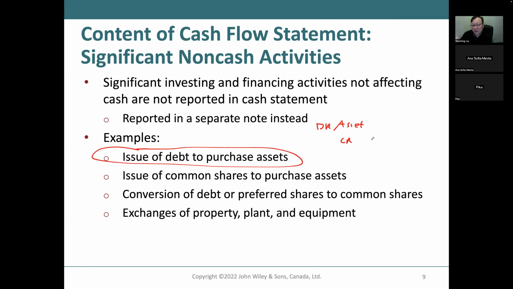Okay, so did anyone pay cash? They were saying issue debt to purchase. So I want to purchase an asset, right? But I have to give you a debt instrument, maybe a payable, right? So my asset increased. What else increased? You haven't paid them yet, right?